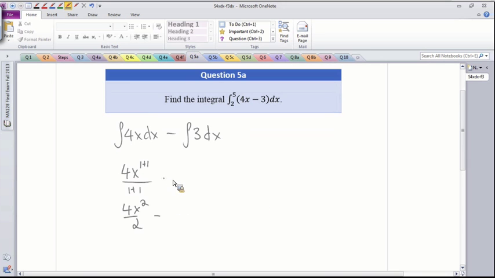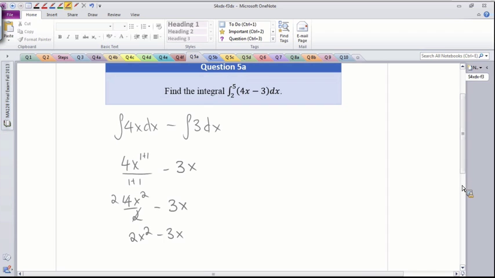The antiderivative of 3, or integral of 3, is just 3x. So I'll clean this up a little bit. 2 cancels out with 4, so we're left with 2x squared minus 3x.